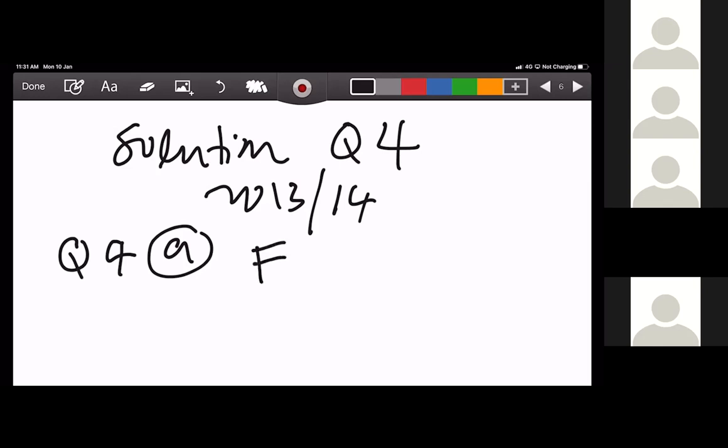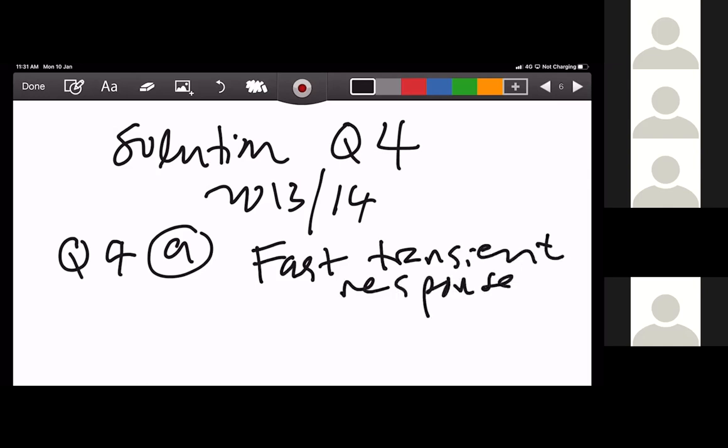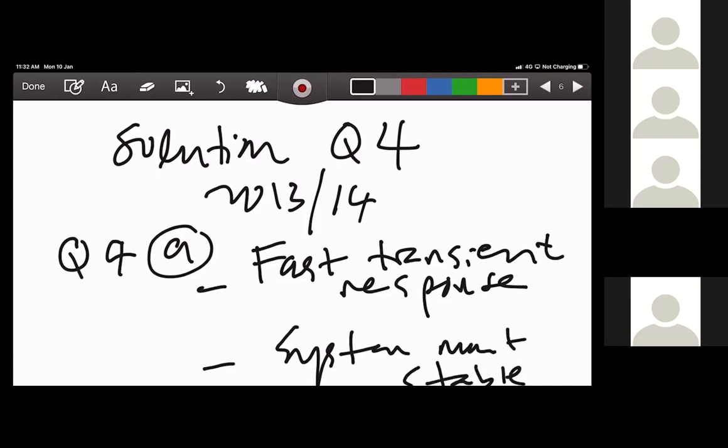First, read it. Fast transient response. Number 2, stable system. Stable. What is the keyword? Stable, yes. This one is fast transient response. Keyword. Next, zero steady state error.